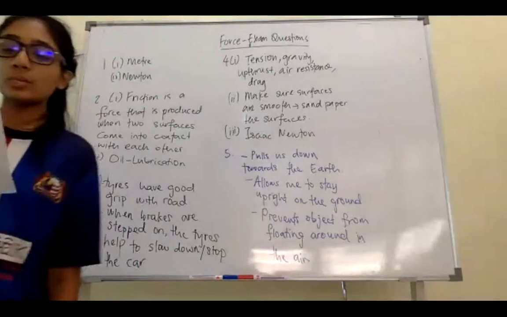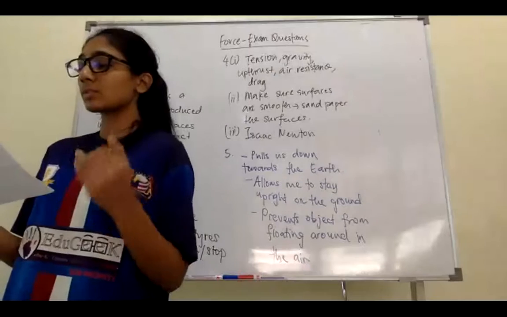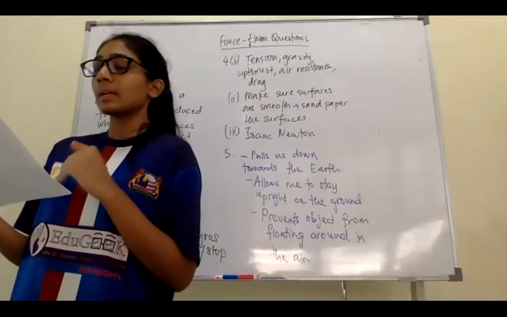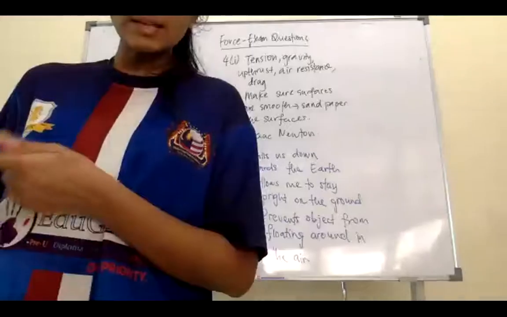A stone was dropped from the top of a tall cliff. Name the force that causes the stone to fall downwards. Gravity. The stone had a mass of 2 kg.